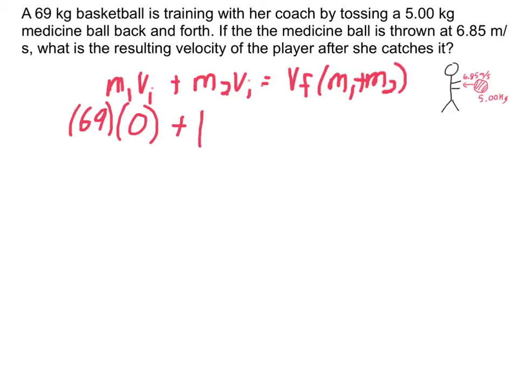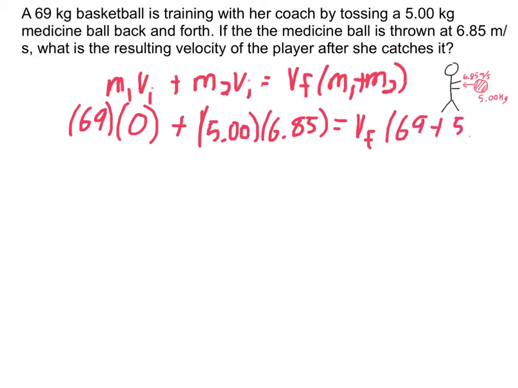All right, m2 is the medicine ball, so that's 5 kilograms, and it looks like 5.00 there. And the velocity, 6.85 meters per second, equals final velocity is what I'm looking for, times the two masses added together, 69 plus 5.00.